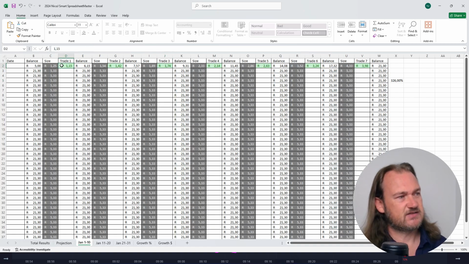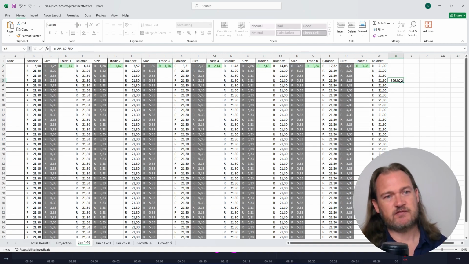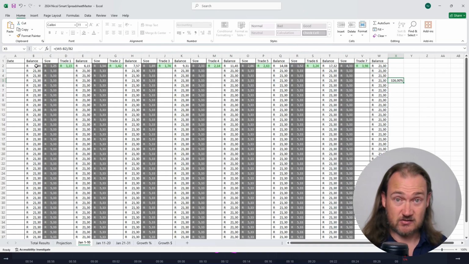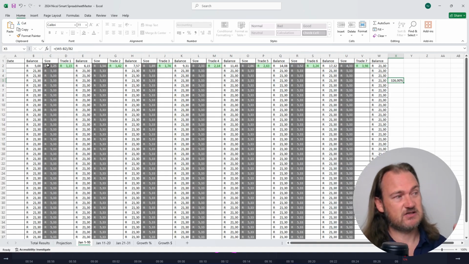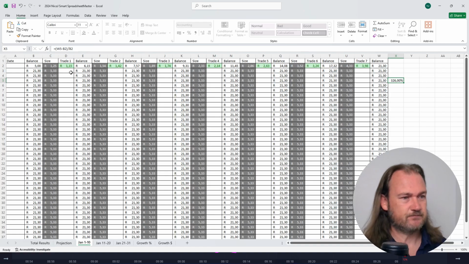So what I do is I'll take my first trade. And remember, I'm only risking $5 of my actual capital. So if I did my 7 trades and I win my 7 trades, I would have had 326% growth of my starting capital, right? So that's $5, 326% on that $5. That means I made 16.30 profit.